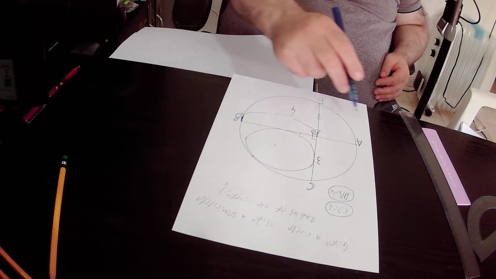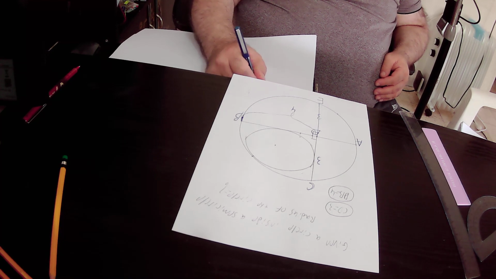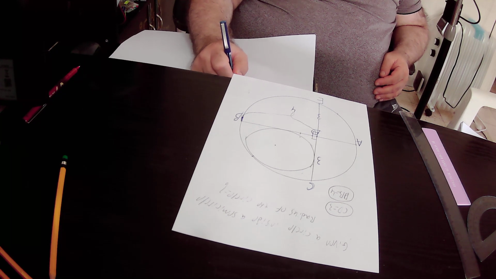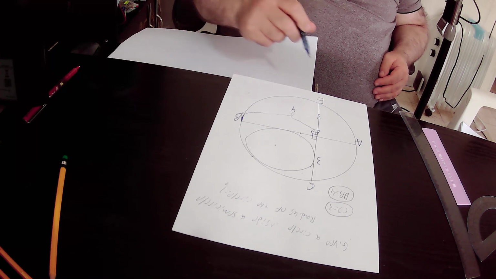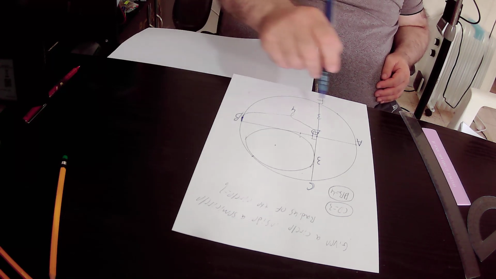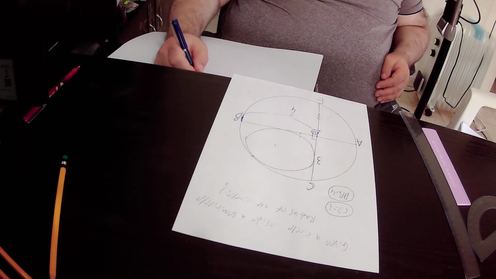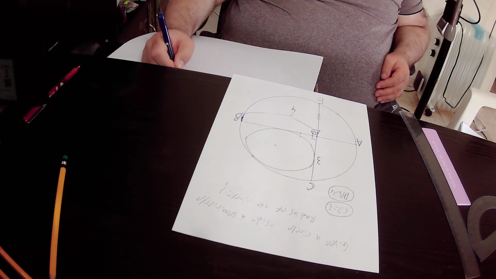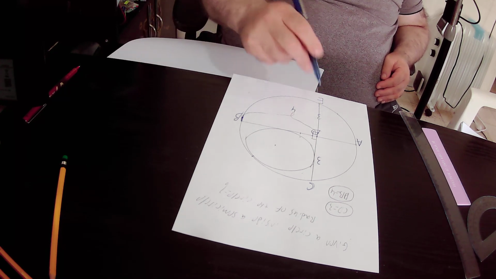Chord AB intersects with chord CE at point D.